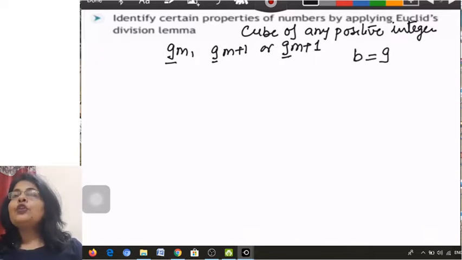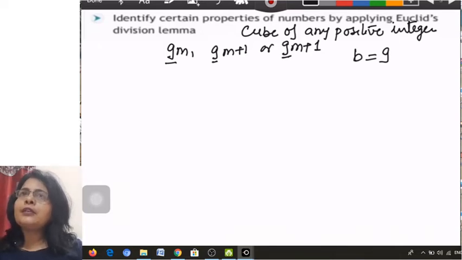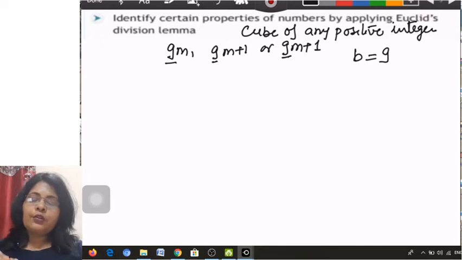But here the word cube is given, so instead of taking 9, we can take 3, and it can be very easily solved, because 3 cube is 27. So our case will be very easily satisfied. We will not take 9; we will simply take 3 and solve the question.